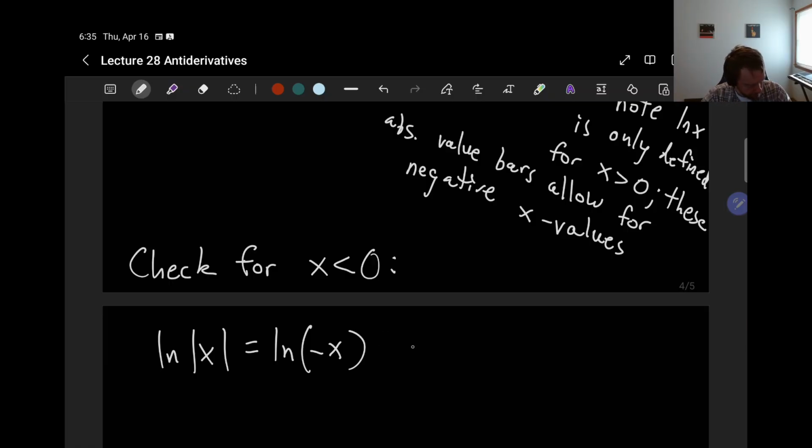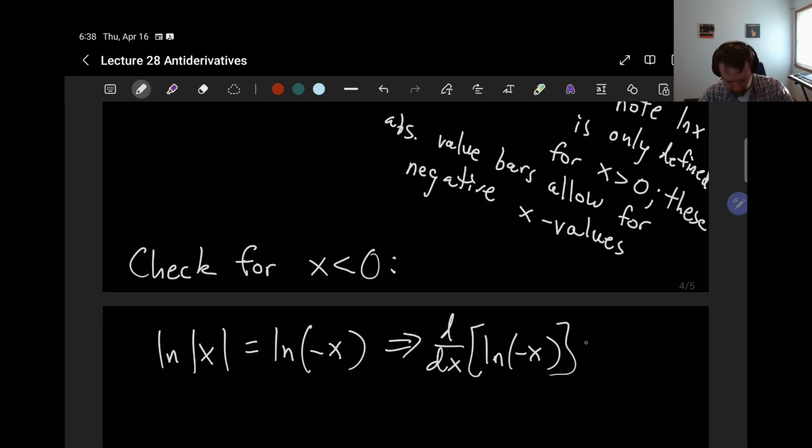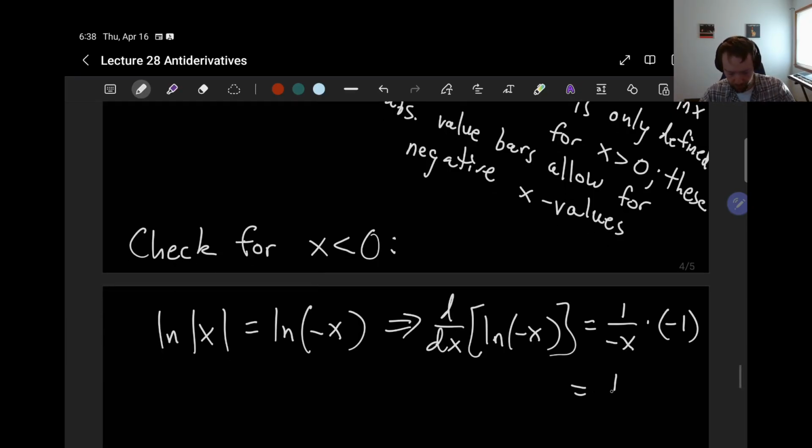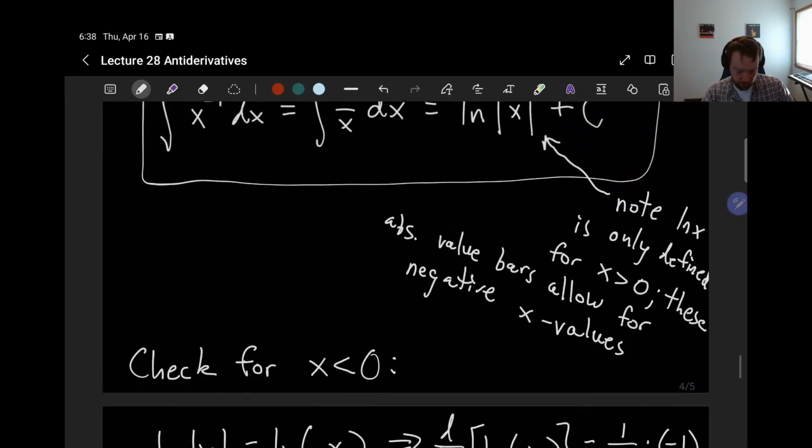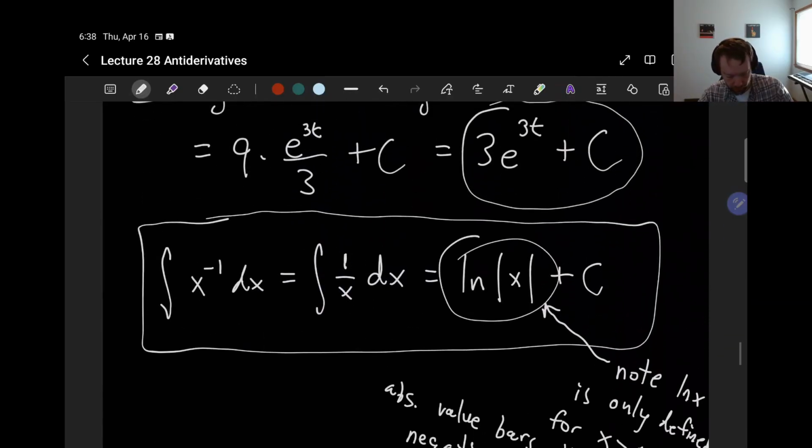And so now, if I take the derivative of that, I get 1 over negative x times the derivative of negative x by chain rule. And indeed, we get 1 over x. Therefore, natural log of the absolute value of x works as an antiderivative, even for negative x values.